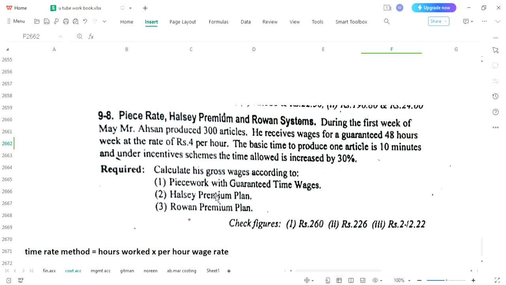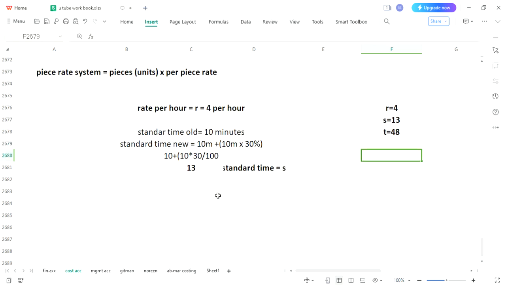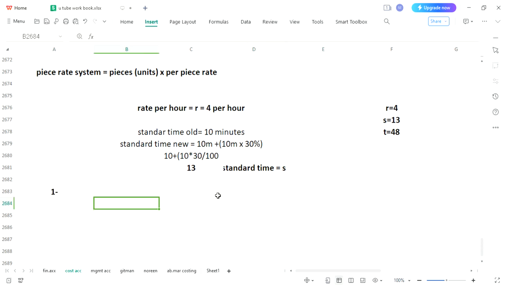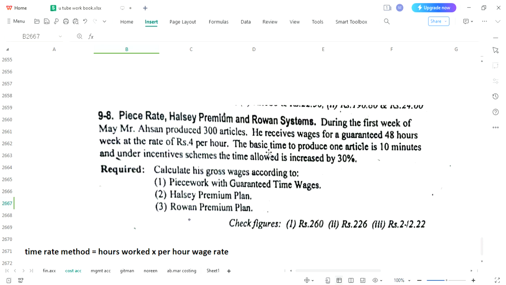Piece work rate is your first requirement. There are two ways to calculate it, but we will follow piece work. Per hour rate we have got, and per hour wages we have also calculated. In 1 hour how many pieces were made. He received guaranteed wages for 48.